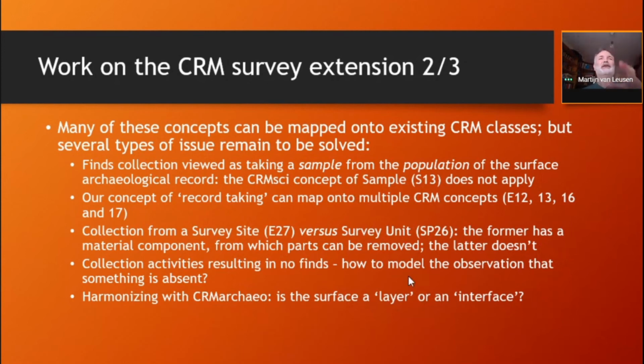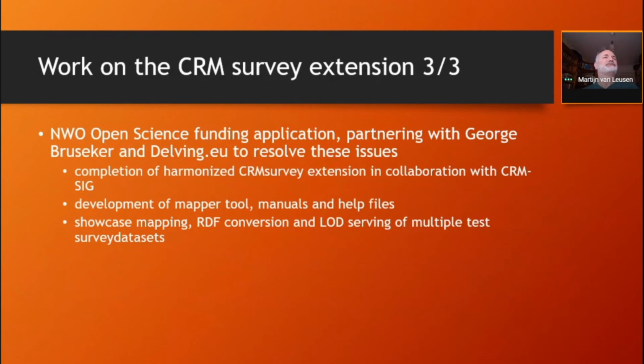So together, I think this gives you a very good idea of the kinds of questions that we still have when creating this survey CRM. And hopefully, if we get the funding for this new project, we are able to resolve all of these problems in the near future. So here are details of this new project.